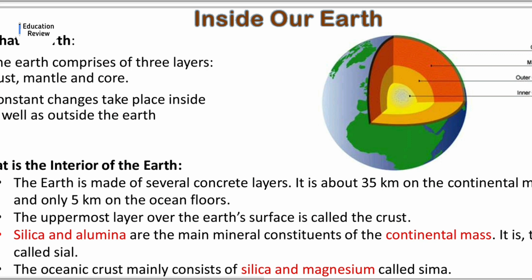When any volcano explodes, lava comes out, magma comes out in the form of lava on the upper surface of the earth, and when we analyze this lava or magma, we come to know its composition.